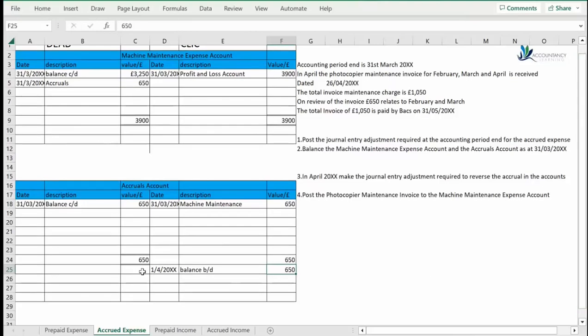We need to get rid of or nullify the accrual on the 1st of April, debiting the accruals account because of machine maintenance, and then crediting the machine maintenance expense account.